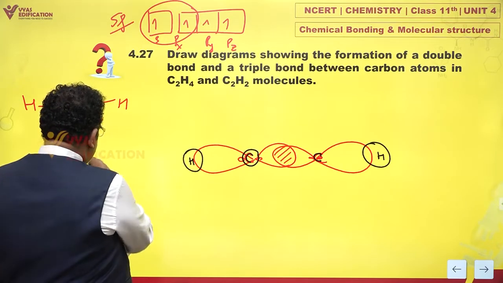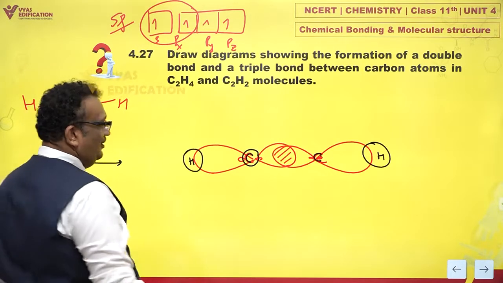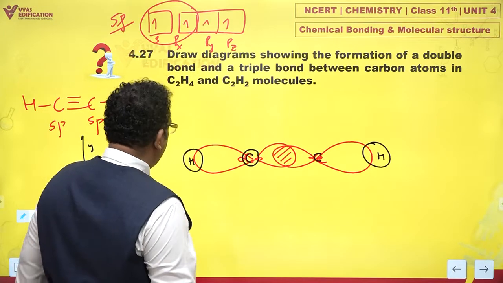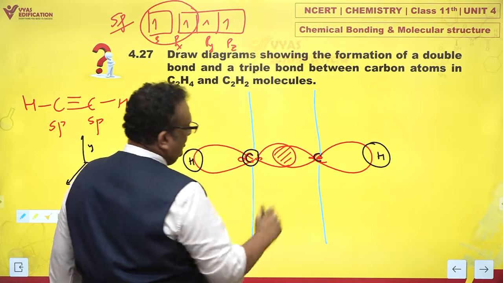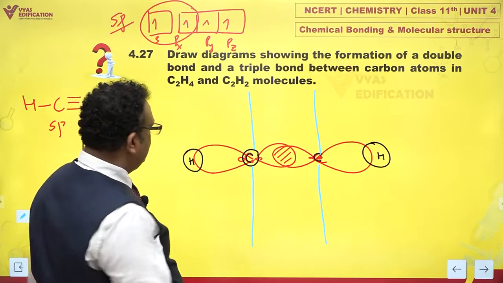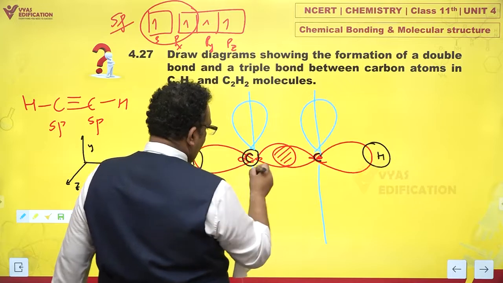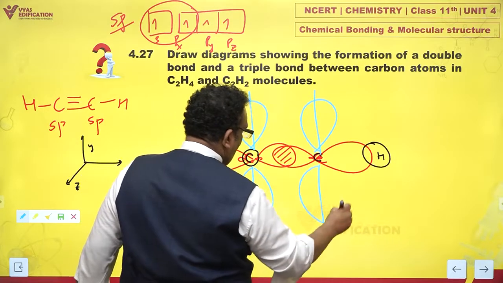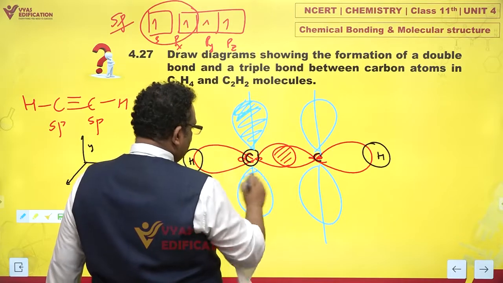This is the x-axis. If this is y and this is the z-axis, watch the fun. Let me first draw the coordinate axis. Say if this is the y-axis. If you have blue orbitals, the blue colored ones are the py's. I hope they are visible nicely.